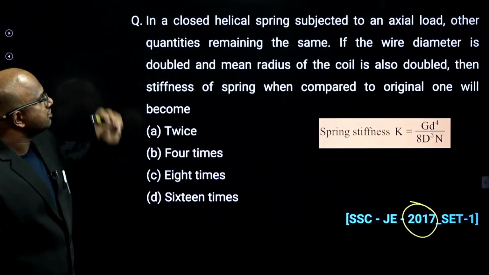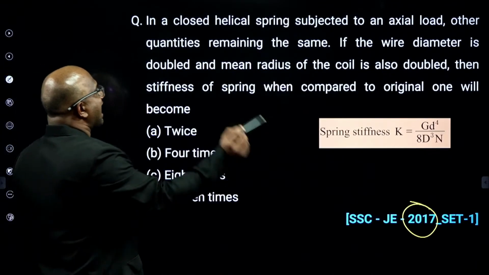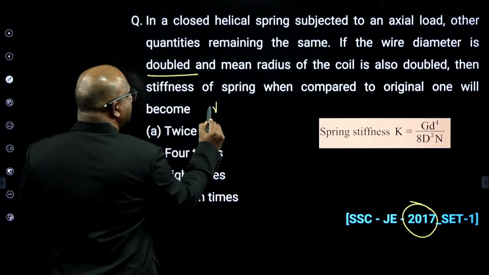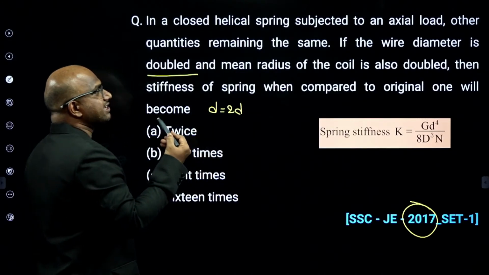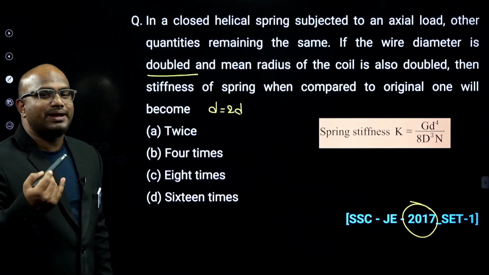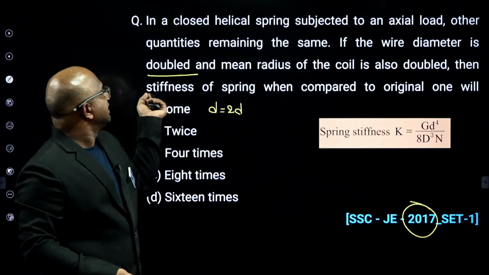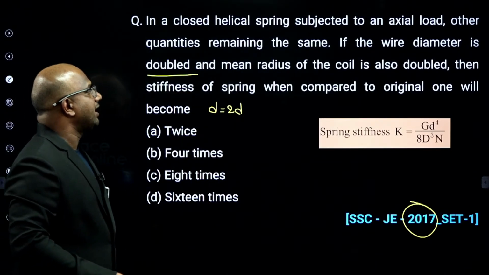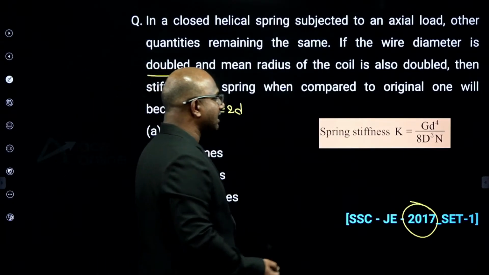Now if you see the question, axial load and other quantities remaining same, if the wire diameter is doubled, d becomes 2d, and the mean radius of the coil is also doubled. When the mean radius is doubled, the diameter also will be doubled. Then the stiffness of the spring compared to the original spring will be, tell me, sir.